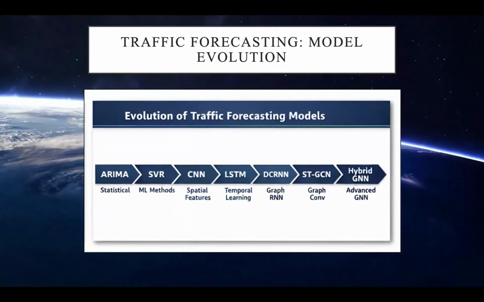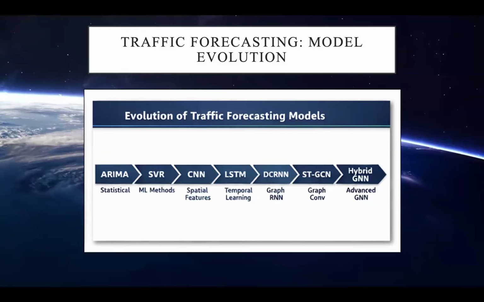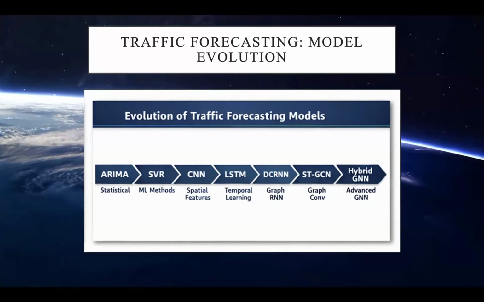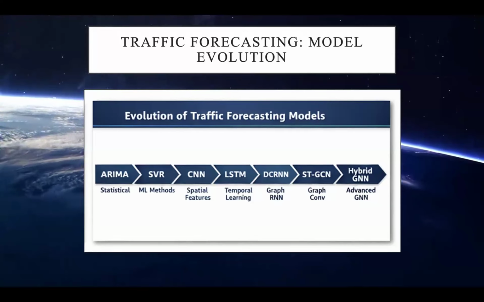Now, GNNs, graph-based neural networks, have become dominant because they naturally model road networks as graphs, capturing spatial dependencies between intersections while maintaining real-time prediction capabilities. These models significantly improve congestion prediction and route optimization in smart cities.